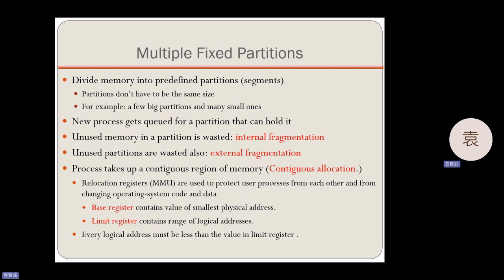Inside a partition, if a partition has size n and we assign a process with size less than n, then after this particular process there is some memory space wasted because it cannot be used.